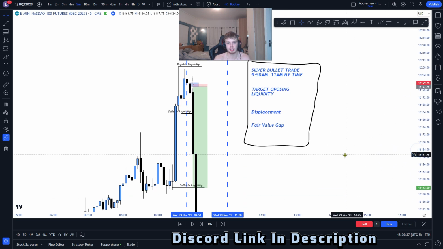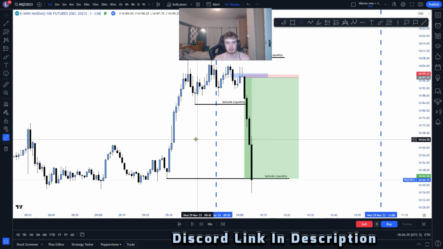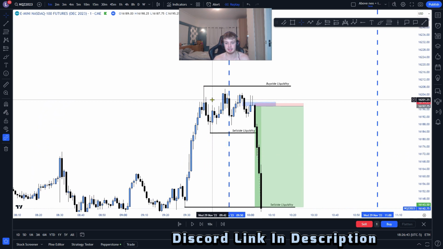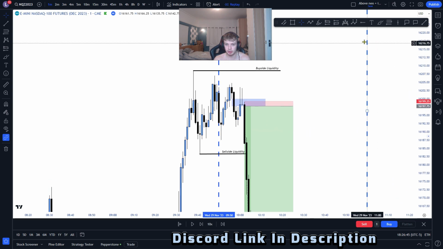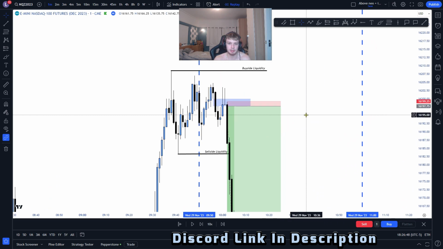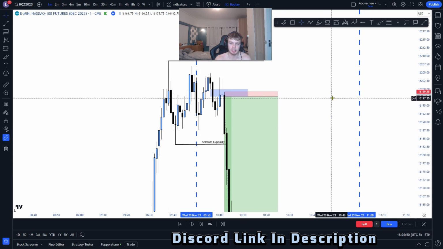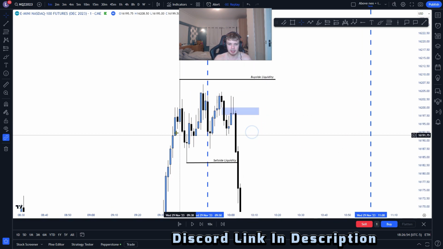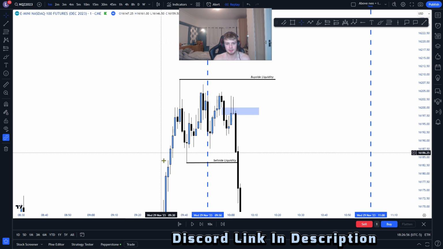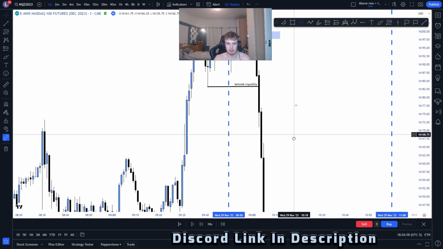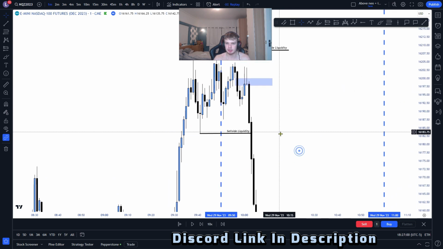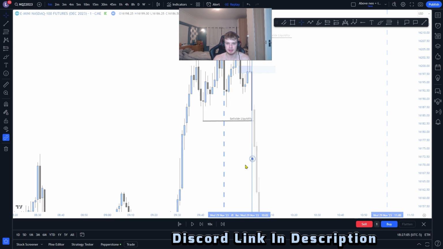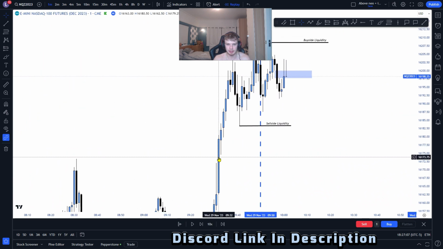Another question that I get is, can you enter a trade if the fair value gap happens before this time? The answer is yes, but I wouldn't do that if you're a bit inexperienced. I'd wait until you get a bit more time in the markets. What I mean by that is, let's imagine that this price action is bullish right now, and this is our silver bullet long.